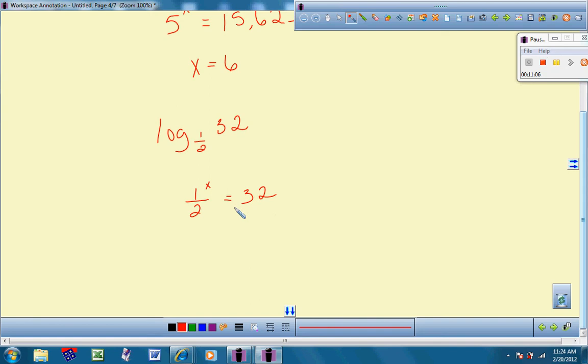Well, I know that 2 to the 5th gives me 32, but what does 1/2 to the negative 5th give me? Well, flip the reciprocal, keep the exponent but get rid of the sign. 2 to the 5th gives me 32, so 1/2 to the negative 5th also gives me 32. So x is going to equal negative 5.